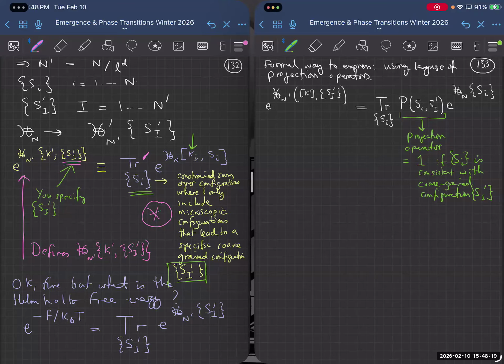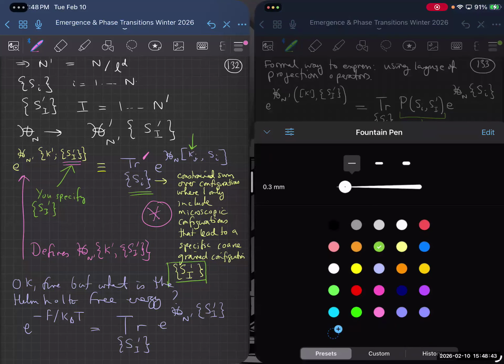So you can see it depends on both the microscopic and the coarse-grained variables, and it's equal to 0 if not. Okay, so it basically is defined magically to just do what I've said on the left-hand side. So you might say, okay, how would I write a formula for this? Okay, this is all like hand waving. What is the formula? So let me now give you an example.